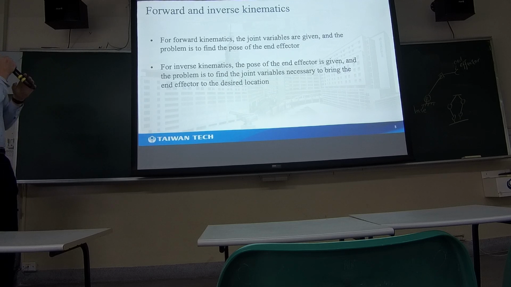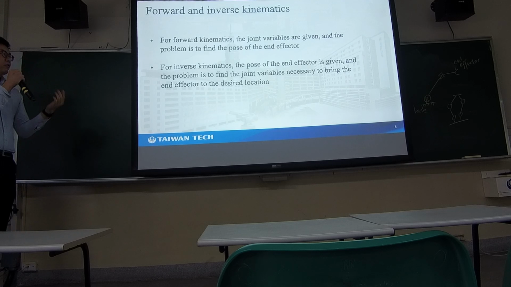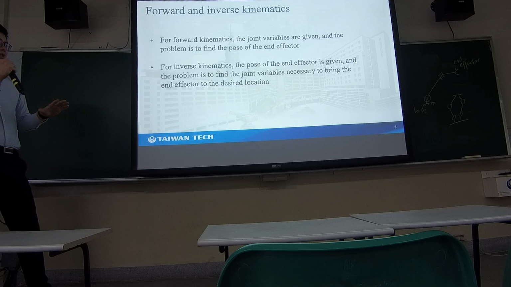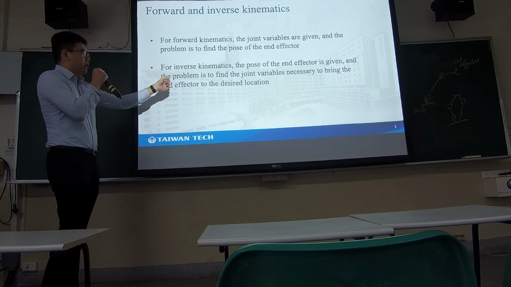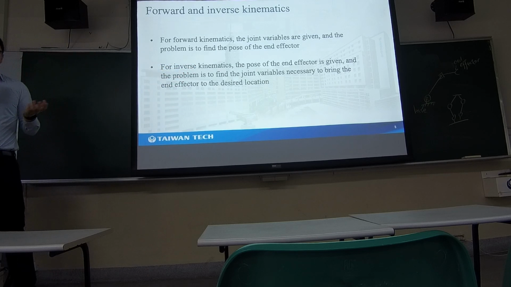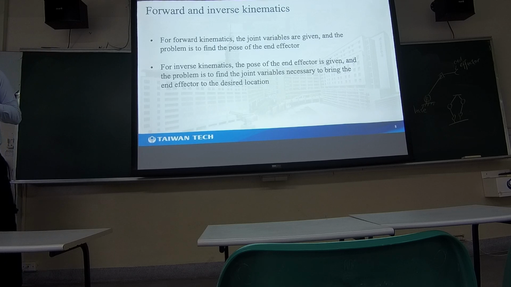In forward kinematics, the joint variables are given, and the problem is to find the pose of the end effector. And the inverse is the reverse: we give the pose of the end effector, and you want to find the joint variables. There might be several solutions in inverse kinematics.